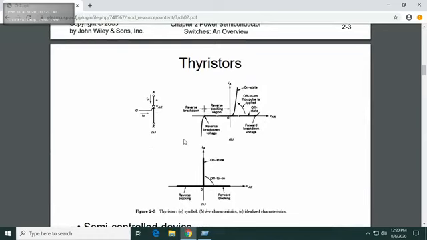So now let's move on to thyristors. Does anyone know the other name of a thyristor? Anyone? We discussed this on the day of introduction.